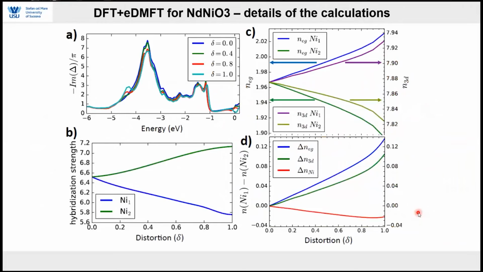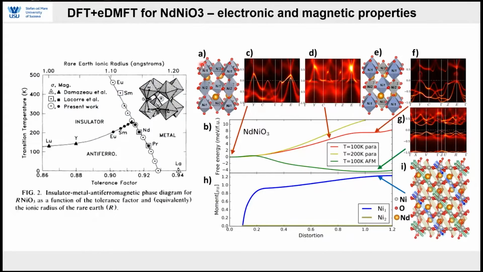But having the question in my mind that this system has charge order, what we did, we started to look at the difference of charge between the two nickels. Now, nickel here is inside an octahedra.